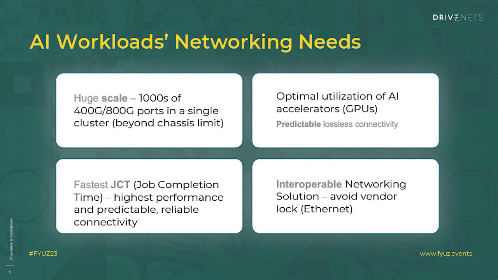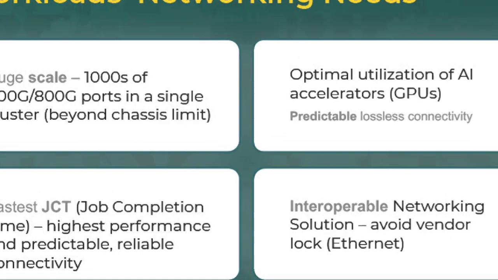We normally say at DriveNets that the DDC or DDBR can scale practically without limit. This is being put under test in this type of environment to numbers that are unprecedented. The first solution that we are building for AI networking, for AI connectivity, is 32,800 gig ports. So it's huge.